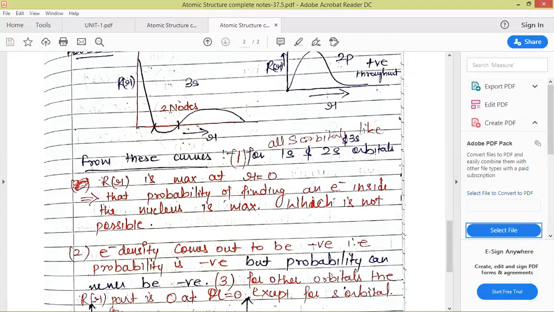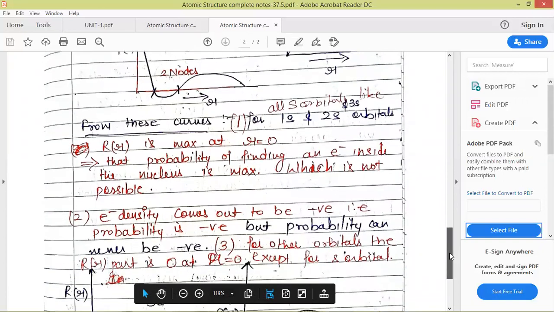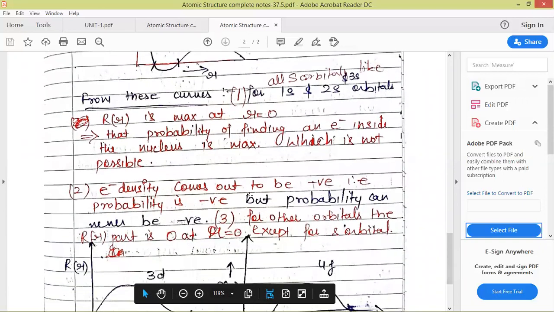That means if we are correlating it with the probability of finding an electron, or with electron density, then that means the electron is present inside the nucleus or at the surface of the nucleus, which is not possible, as we have already discussed based upon the Heisenberg uncertainty principle, that an electron can never exist inside or exactly on the nucleus. So we'll have to take something else.